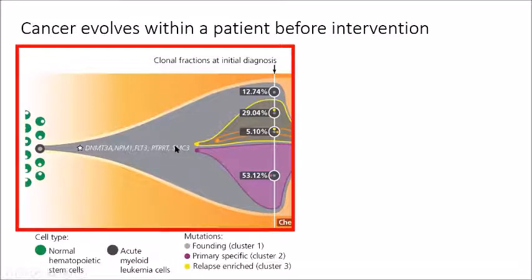This figure is showing that the founding tumor is in this gray, but then eventually there become cancer cells that are different than the original ones. In the figure, they've been designated these different colors, including this purple and yellow, etc. They're called clusters in this figure. So each of the colors represents a lineage of cancer cells, and they'll have different mutations.